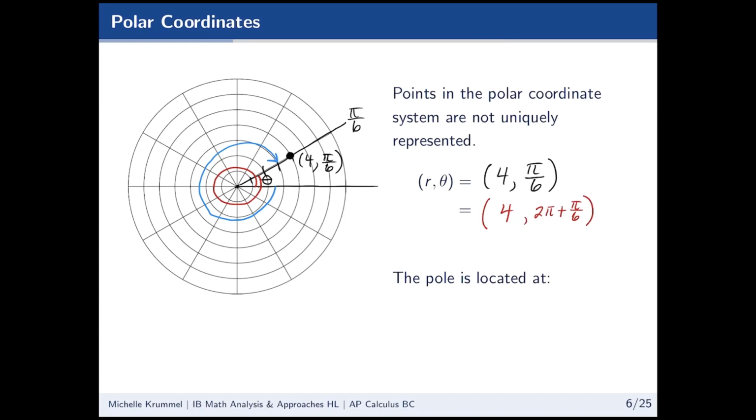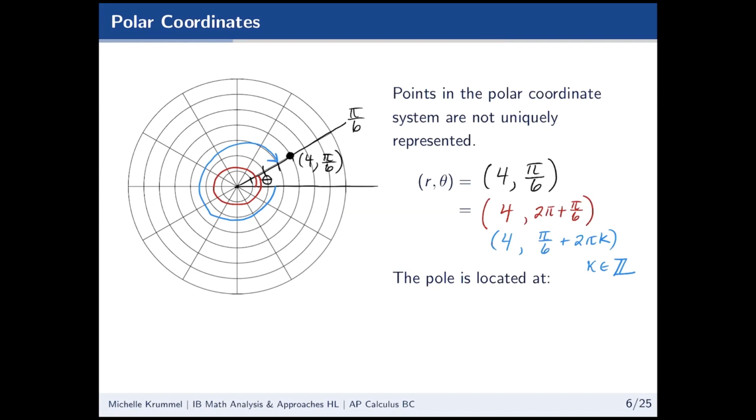So lots of possibilities. We can actually say 4, pi over 6 plus any multiple of 2 pi or minus any multiple of 2 pi. So plus 2 pi k, where k is just some integer. So that represents lots of possible ways we can write polar coordinates for the same point.